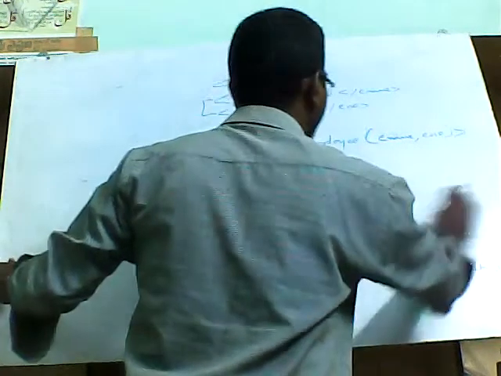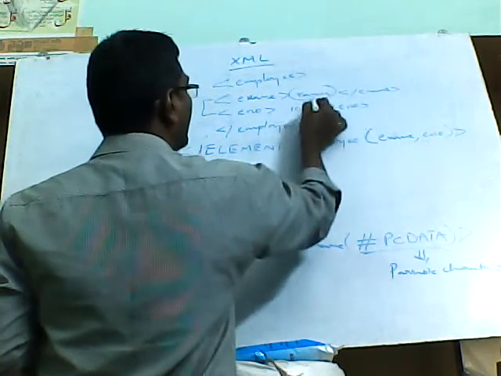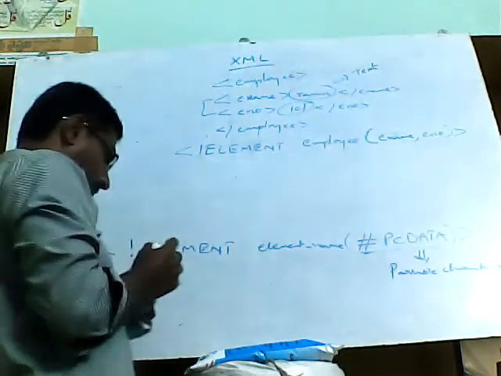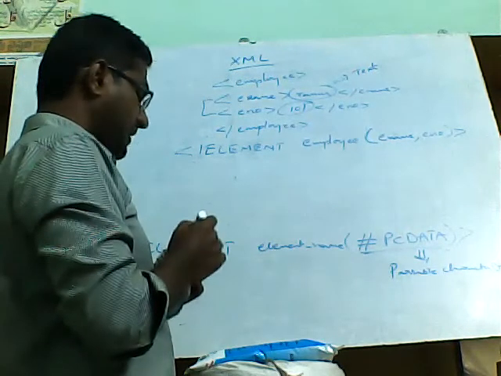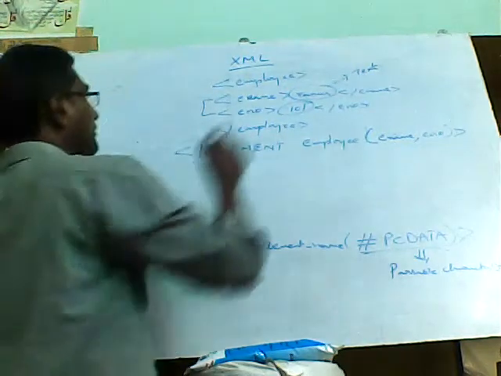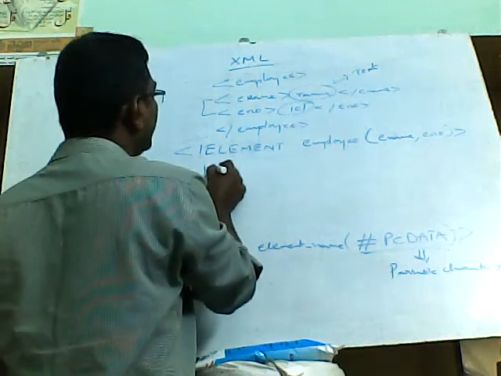Now, if I want to describe the child elements, okay. So here I am representing some data for the elements. These data will be treated as text data, right? If you write any information in XML, it will be treated as text only. So if you want to describe the child elements here, how will we write in DTD?